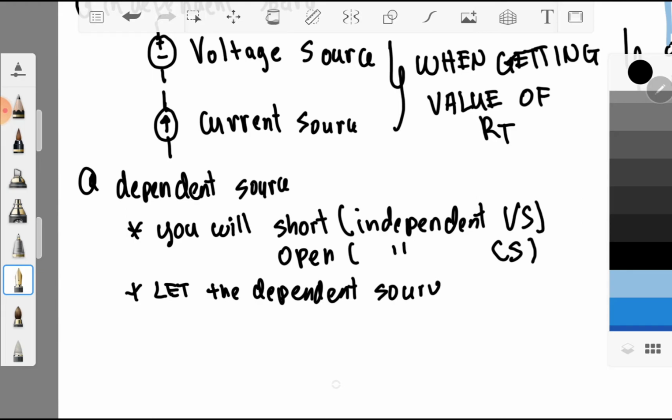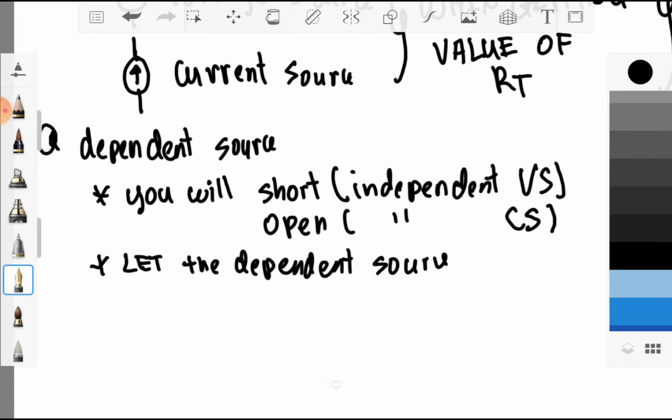So meaning you will not open them or close them. Why? Basically, these dependent sources are the sources that cannot stand alone, which means that they need the passive elements or resistance in order to produce a voltage or current. So therefore, we will let the dependent source alone. So hindi natin sila gagalawin, we will let it be.